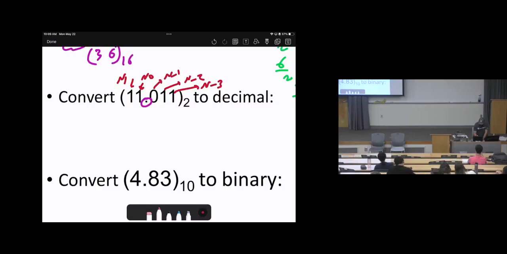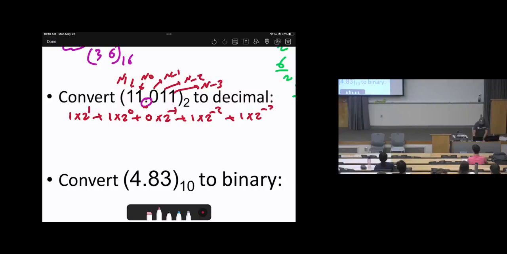Then we can say convert this to decimal is going to be 1 times 2 power 1 plus 1 times 2 power 0. Now we are at the radix point. Then plus 0 times 2 power negative 1 plus 1 times 2 power negative 2 plus 1 times 2 power negative 3. Okay? We already discussed this before.